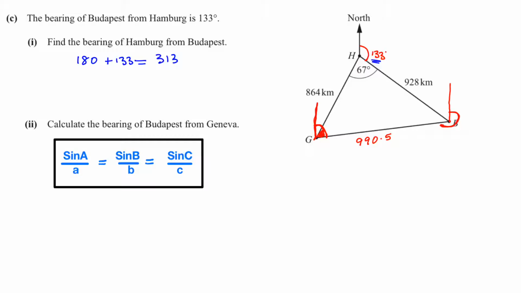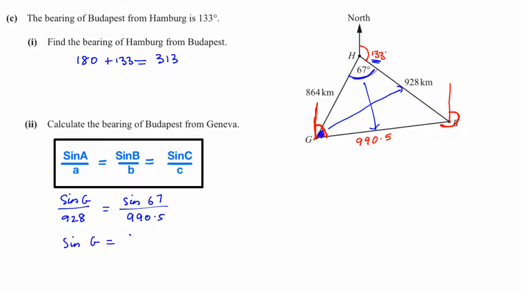Now we just have to replace everything. So sine A is the sine G that we need to find. This is what we need to find. And the opposite side is 928. That is the small a is equal to sine 67 over the opposite side, which is 990.5.